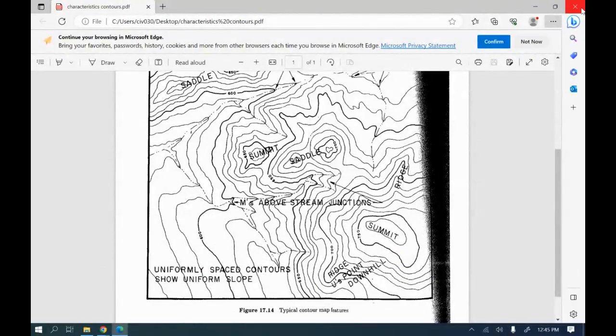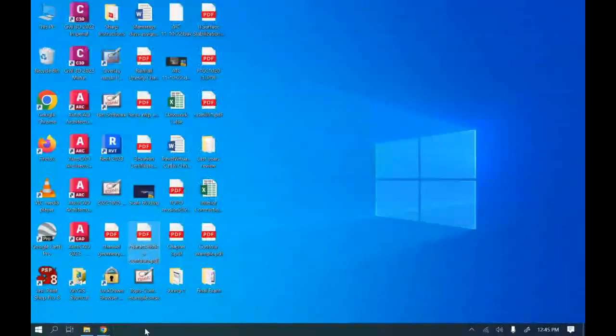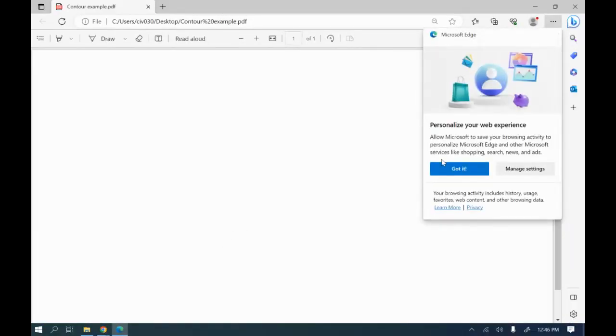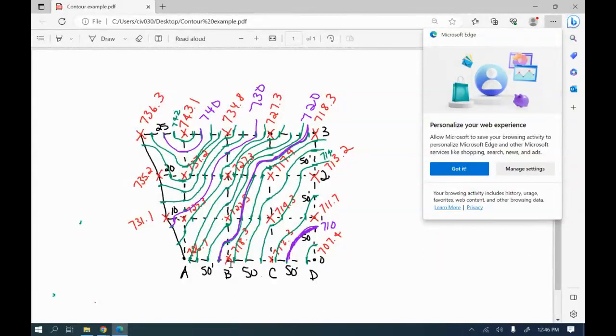So architecture one year had a map, kind of like the one I just did in the PDF, but one of these had 100 lines in there. Yes, 100 of those lines.